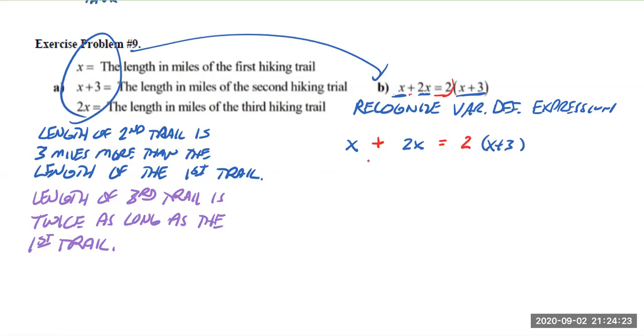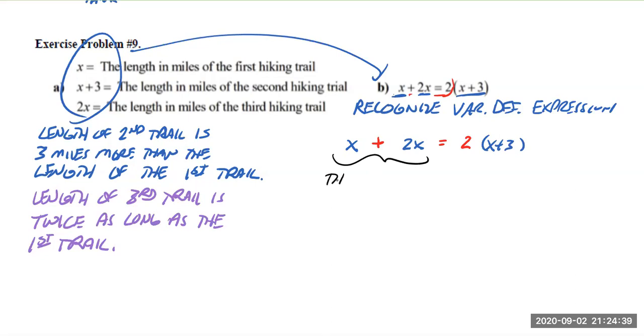So what is the rest of this in red telling me to do to these quantities? The left side looks like I'm adding the length of the first and third hiking trails.